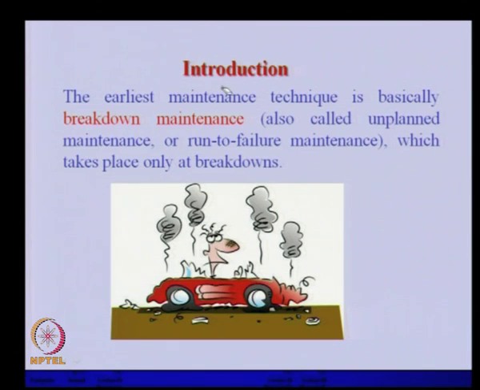Earlier, the maintenance technique was basically breakdown maintenance, also called unplanned maintenance or run to failure maintenance, which takes place only at breakdowns. So, when the machine fails, then you call for the maintenance. That is called breakdown maintenance.